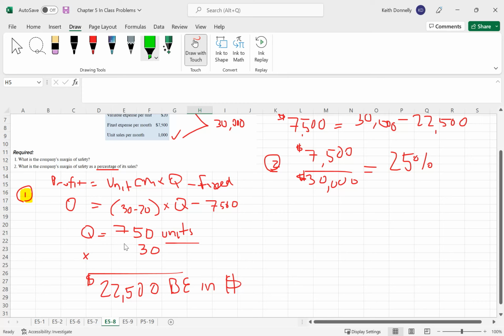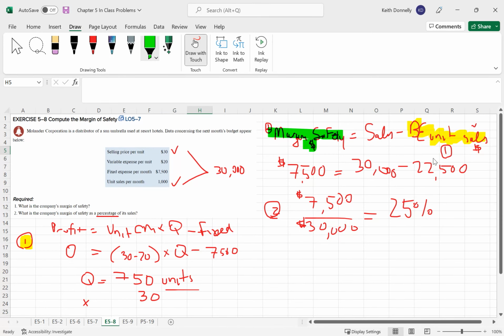Right, so we did it in units, we said it's 750 in that case, and then in dollars, break even in dollars is 22.5. Okay, so there's the 22.5. We back out the sales of 30, right? The $30 times the 1,000 we expect to sell. 30 minus the 22.5 gives us the 7,500, our margin of safety in dollars.